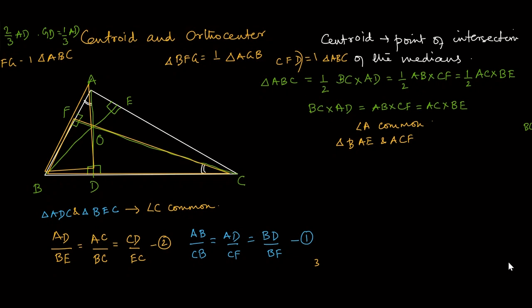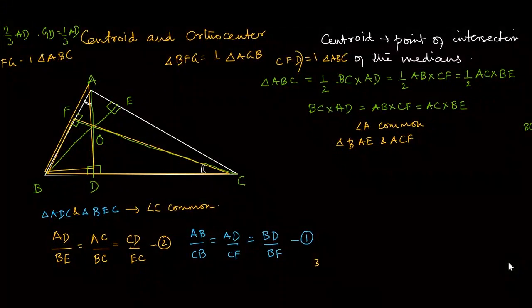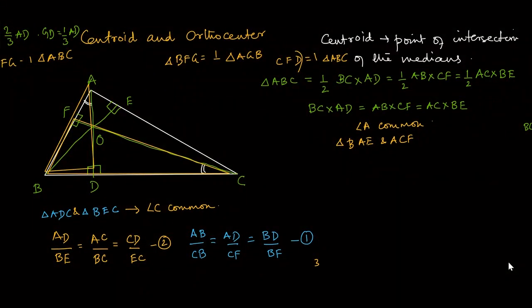So if I take these two triangles, what would be the proportional sides? Always start with the side which is opposite to the common angle. What is the common angle? A. So BE over CF.